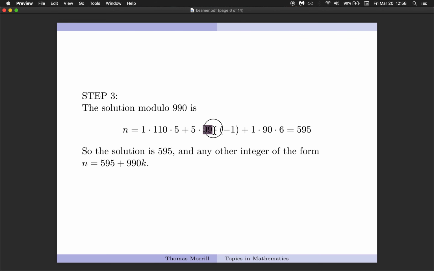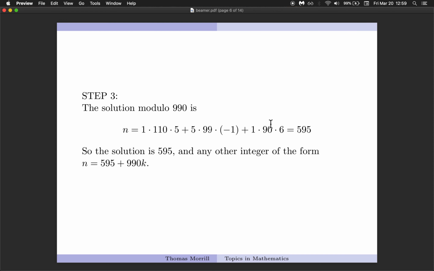Then I take my 99. The inverse of 99 modulo 10 was negative 1. And I multiply by 5 because this number is supposed to have residue 5 modulo 10. And finally, I take my 90. I multiply by 6, which is the inverse of 90 modulo 11. And I multiply by 1 because I want residue 1 modulo 11.